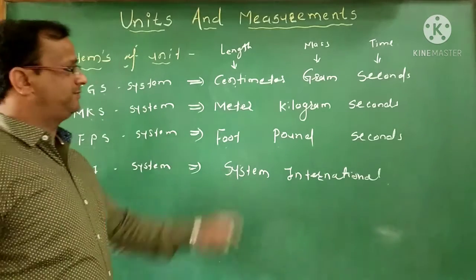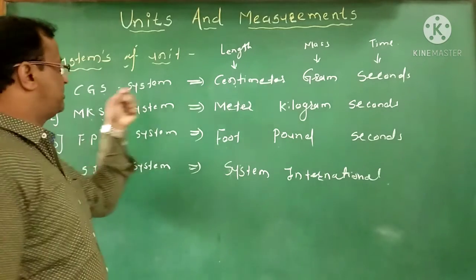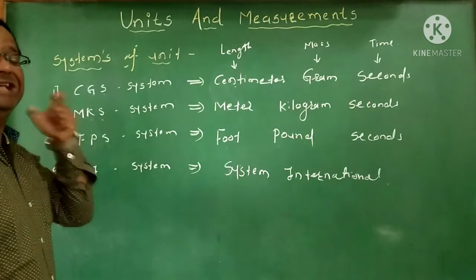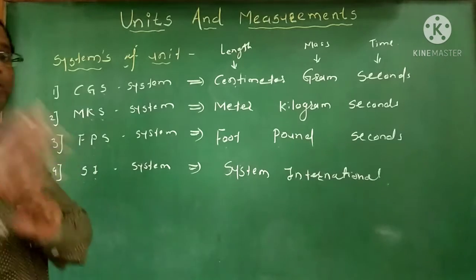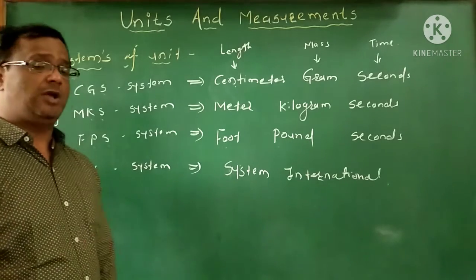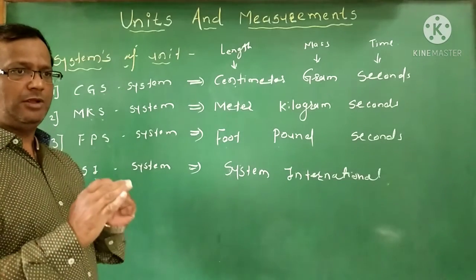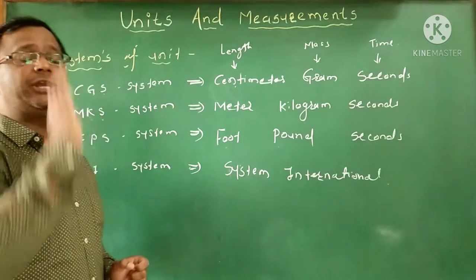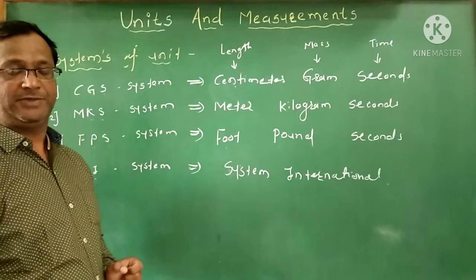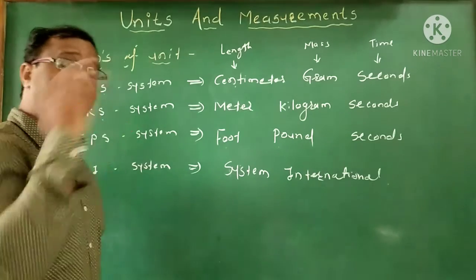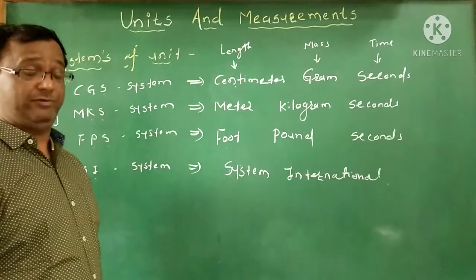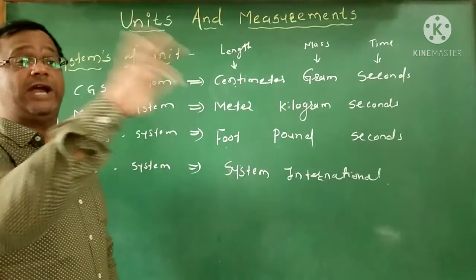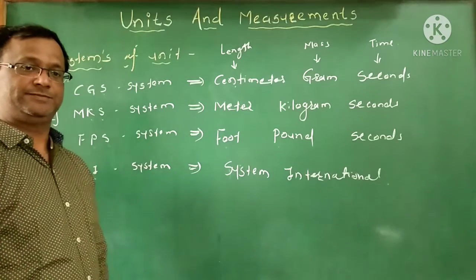In old days, we used the CGS system, MKS system and FPS system to measure physical quantities. But what happens when we want to exchange information from country to country? Different countries use different systems of units. When we exchange that information, it is very difficult to understand.